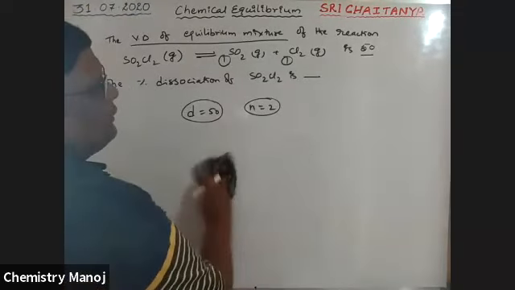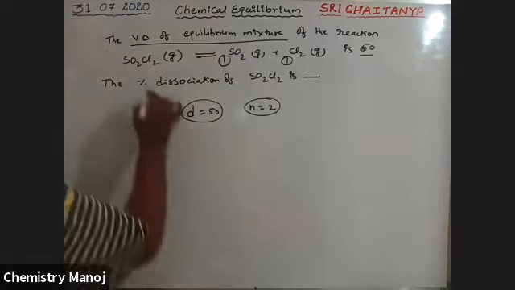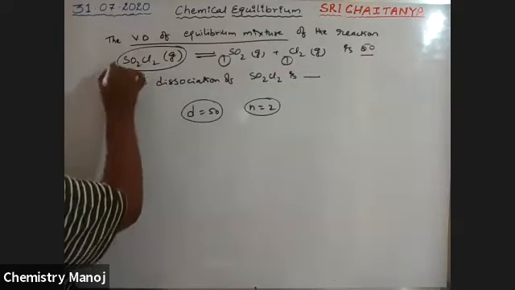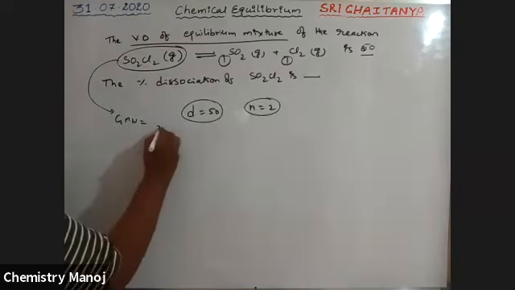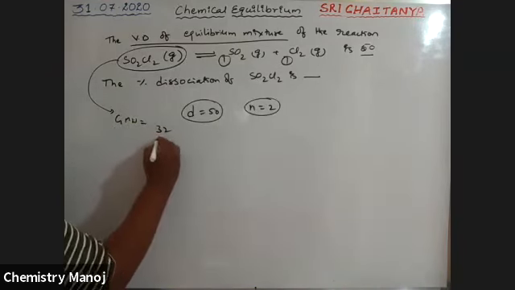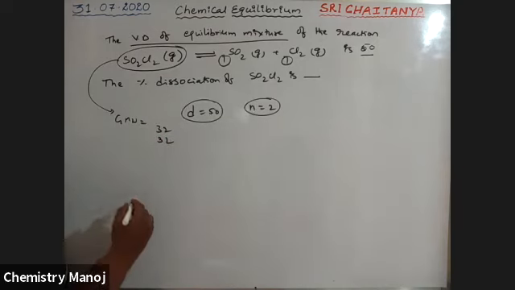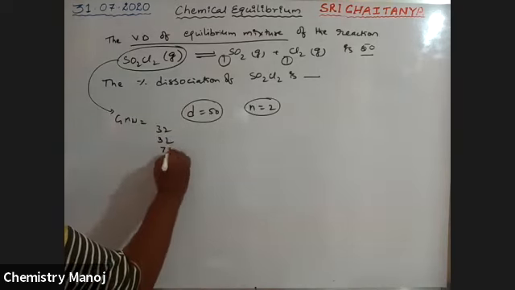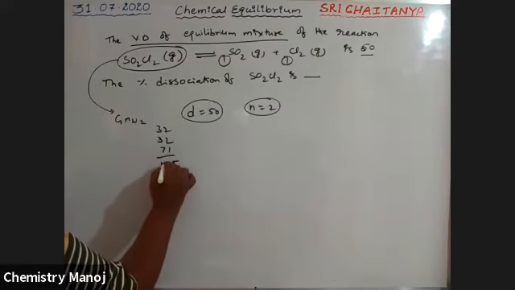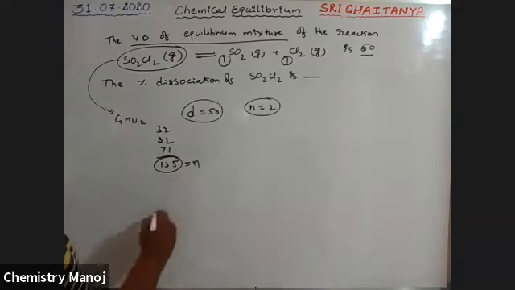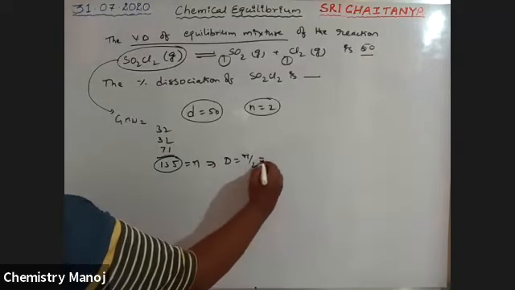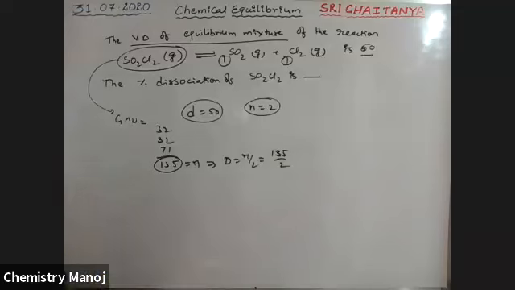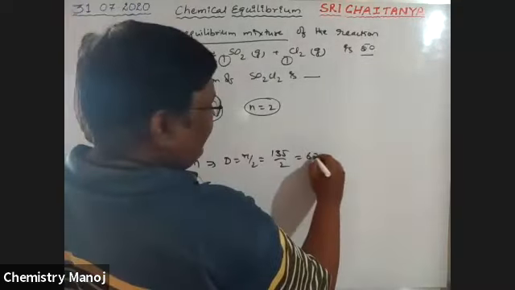Capital D is the initial vapor density. The gram molecular weight: sulfur 32, oxygen 16 plus 16 is 32, chlorine 35.5 times 2 is 71, so 135 is the molecular mass. Therefore, capital D is equal to M by 2, 135 by 2, that is 67.5.